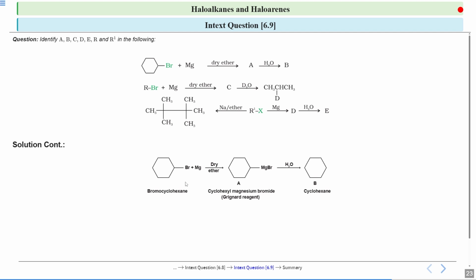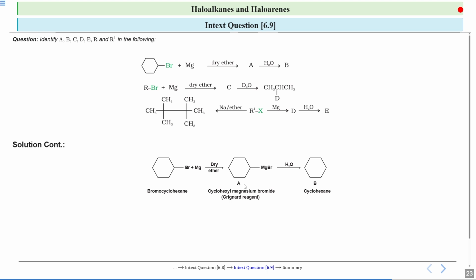So this bromocyclohexane, when reacting with magnesium in the presence of dry ether, an alkyl halide reacting with magnesium in dry ether, what will you get? A Grignard reagent, RMgX, that is cyclohexyl magnesium bromide. X is bromide and R is cyclohexyl.